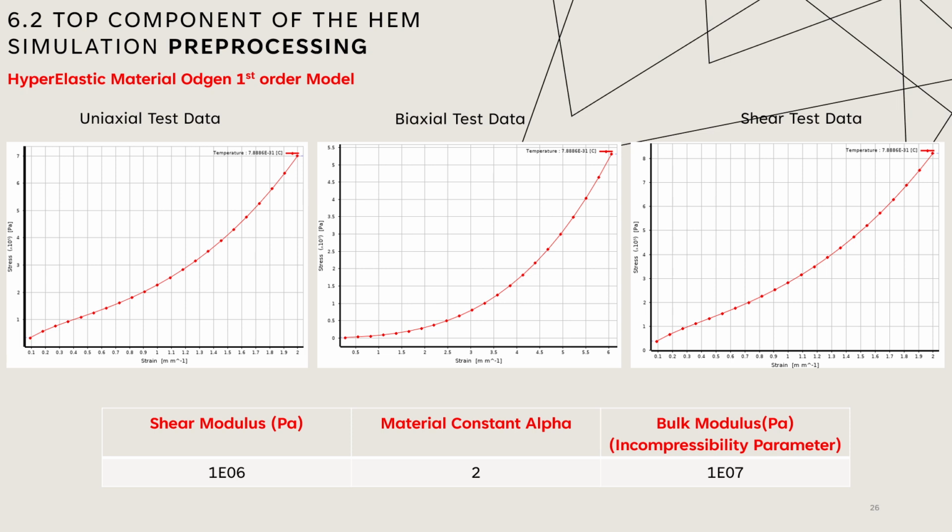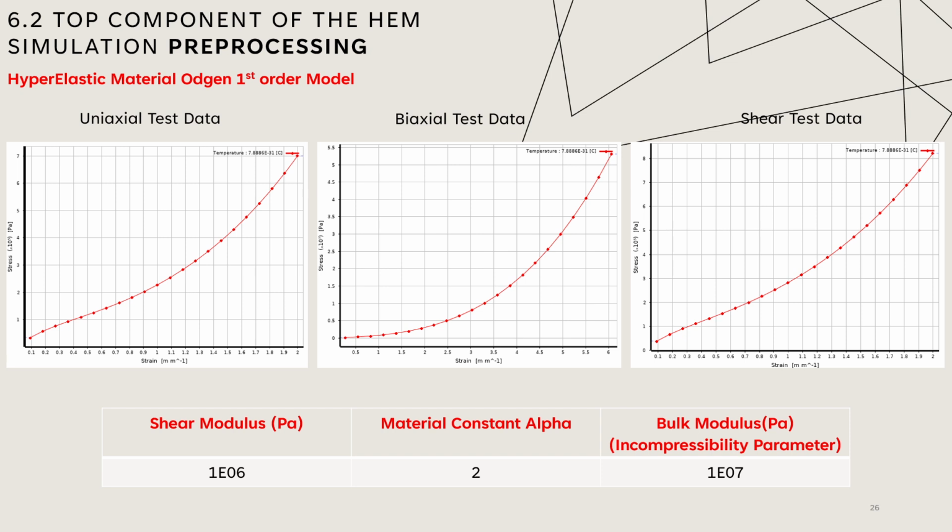Based on the pictures on the screen right now, you're going to see uniaxial test data, biaxial test data, and shear test data for the rubber part. The three important things in the first order model are the shear modulus, the material constant alpha, and the bulk modulus.